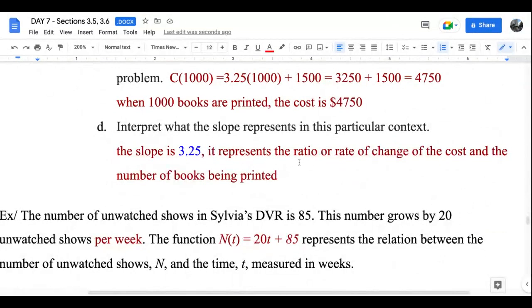So it represents the ratio or rate of change of the cost and the number of books being printed, right? So each book printed will be 3.25.